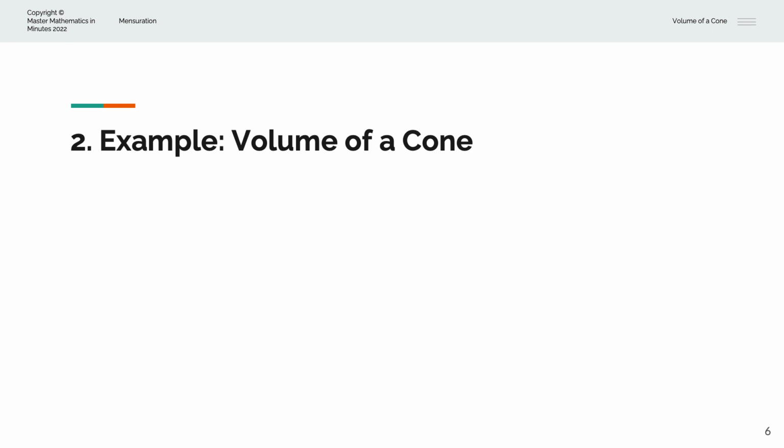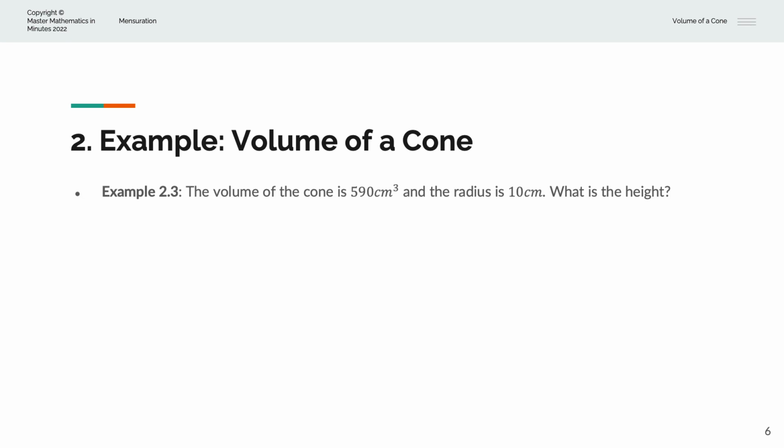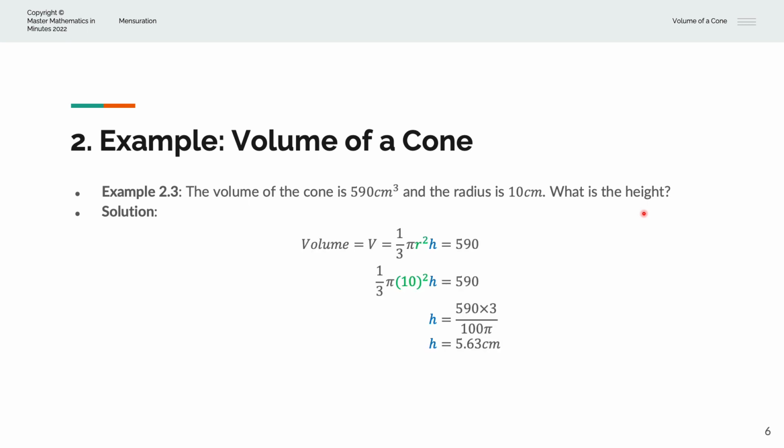In the third example, we're given the volume of the cone is 590 centimeters cubed, and we're given the radius is 10 centimeters, and we're asked to calculate the height. So, with volume V equal to 1 over 3 pi r squared h, and we'll set that to be 590 from the question above.